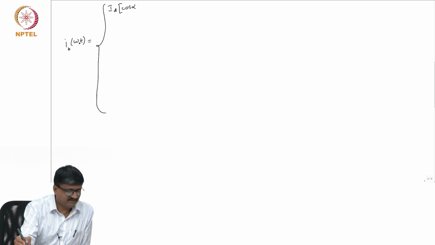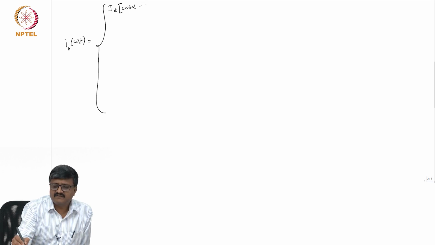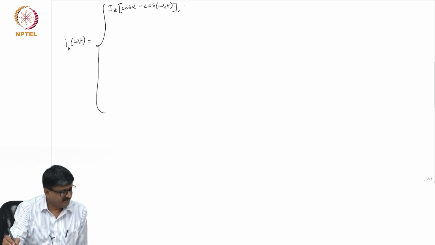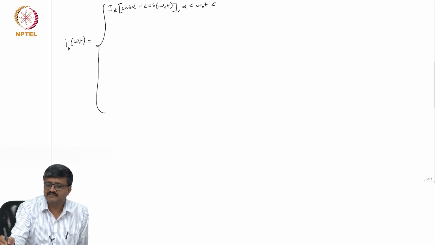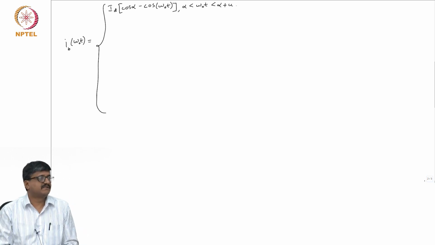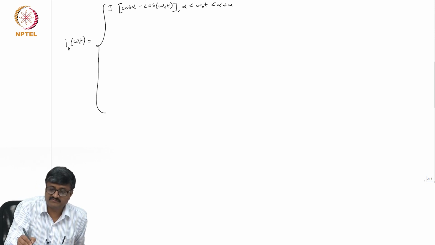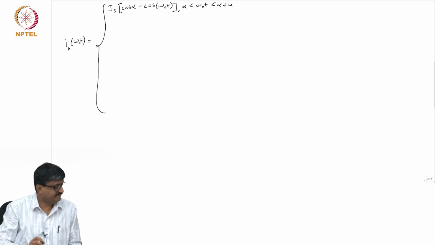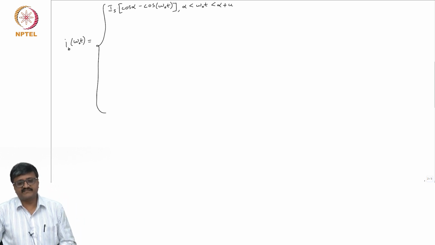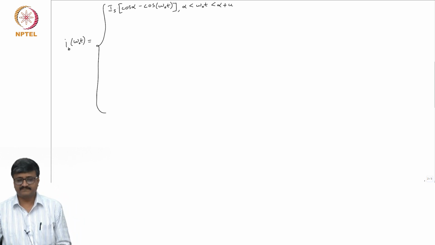Sorry, please correct this, it is IS into cos alpha minus cos omega OT. IS is the short circuit current.